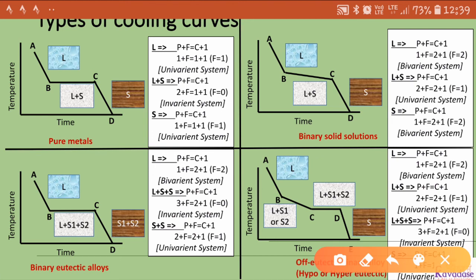We know that a cooling curve is a temperature versus time curve, okay. When we plot a temperature versus time curve, we will get a cooling curve. Why is it cooling? You can see here it is continuously going downward, means temperature is reducing.